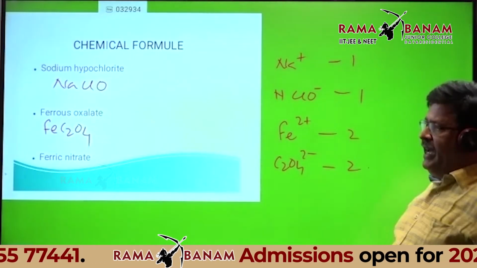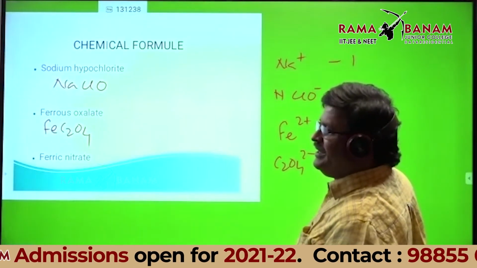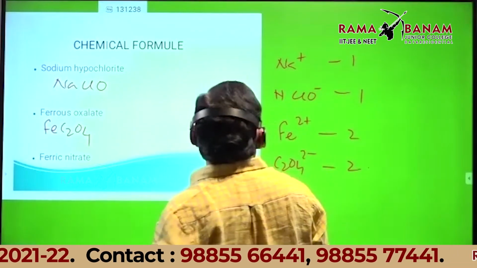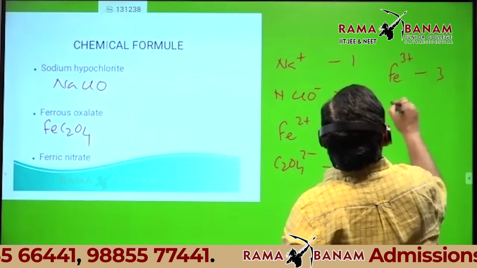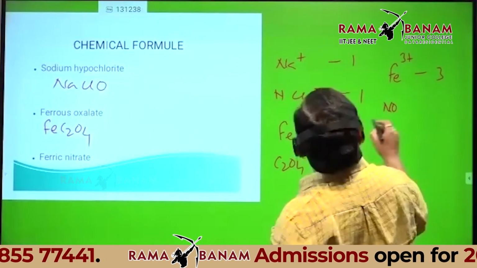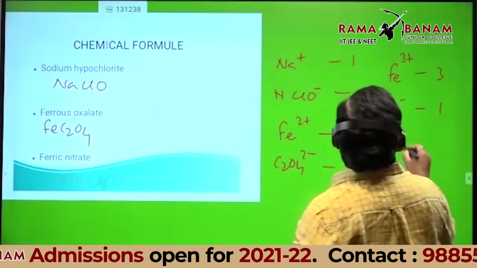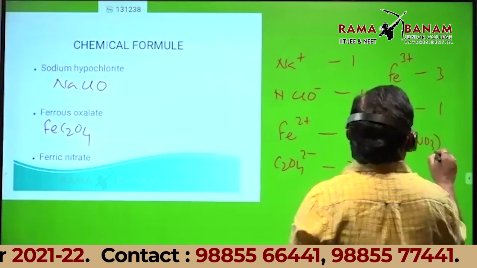Ferric nitrate. Can anyone? Fe(NO3)3. Excellent. Ferric means Fe3 plus. Nitrate, NO3 minus. Then the formula is Fe(NO3)3.